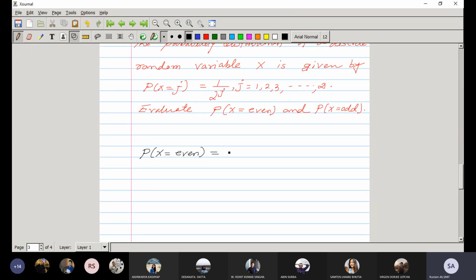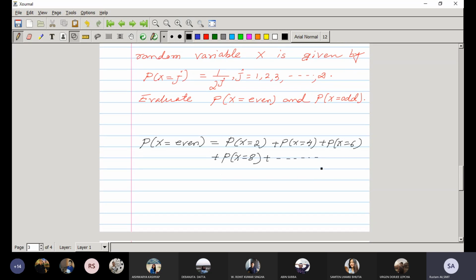X can take only the even values, that is, x can take the value 2, 4, 6, 8, and so on. That will go up to infinity, so we can decompose it as probability x equal to 2, probability x equal to 4, probability x equal to 6, probability x equal to 8.